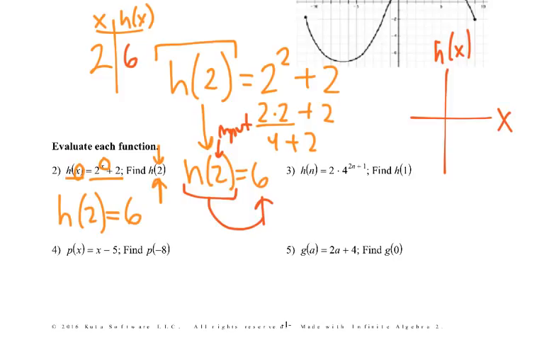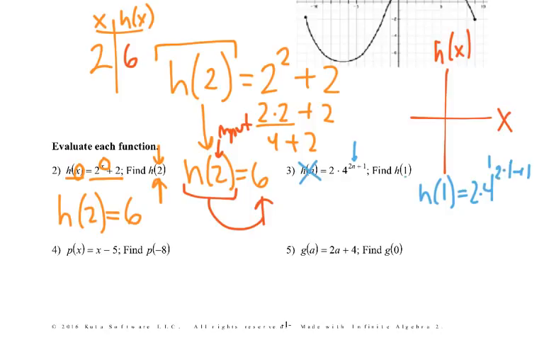So for 3, same idea. H of n equals 2 times 4 to the 2n plus 1. Find h of 1. So I write my function again. H of 1 equals, replace all my n's with 1. So 2 times 4 to the 2 times 1 plus 1.